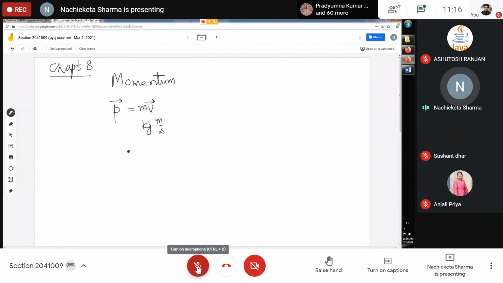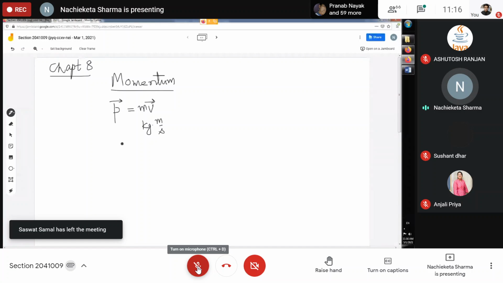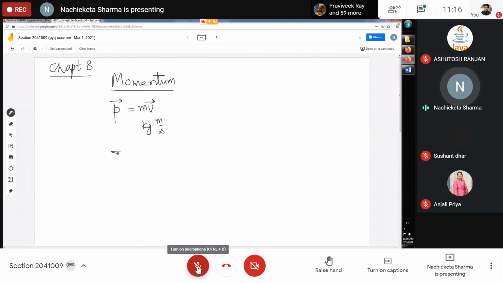I am defining momentum because I can express Newton's second law in terms of momentum. What is Newton's second law? The net force F acting on a body can be expressed as the rate of change of momentum. So this is how force is quantitatively defined.